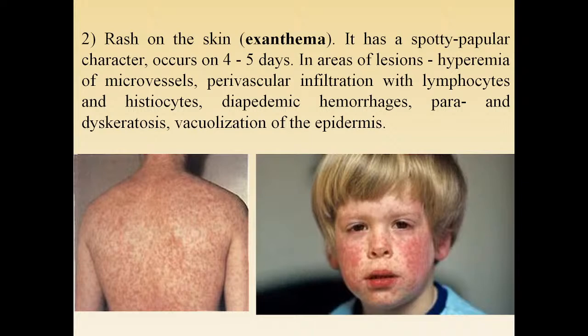Exanthema has a spotty-papular, maybe macular-papular, character and occurs on the 4th or 5th day of illness. It appears behind the ears, on the face and neck, and then spreads to the skin of the trunk and limbs.